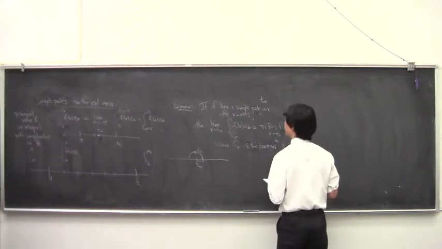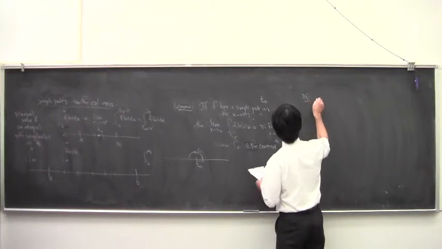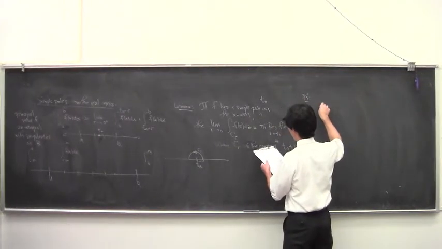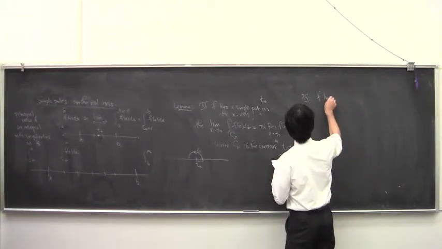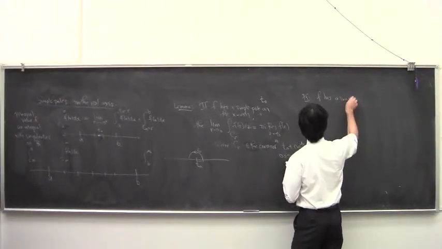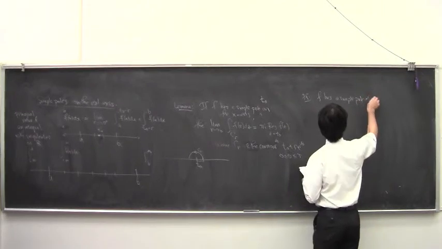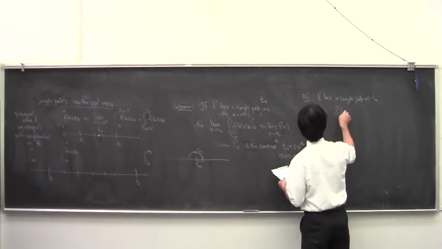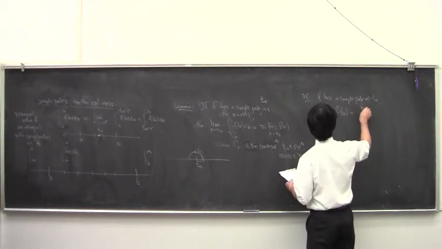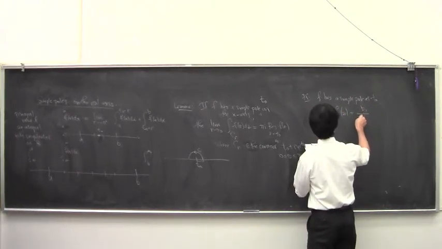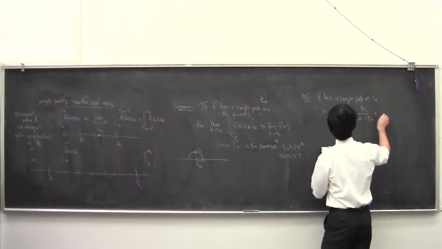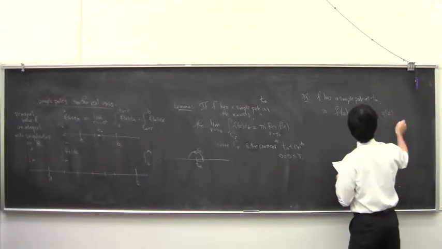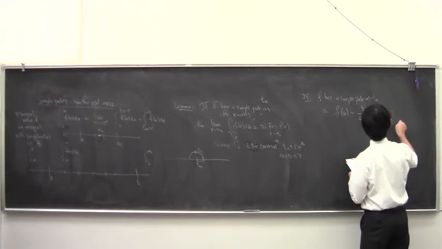The proof of this is just a calculation. Look, f has a simple pole at t naught, so f of z equals b1 over z minus t naught plus g of z for some g analytic.